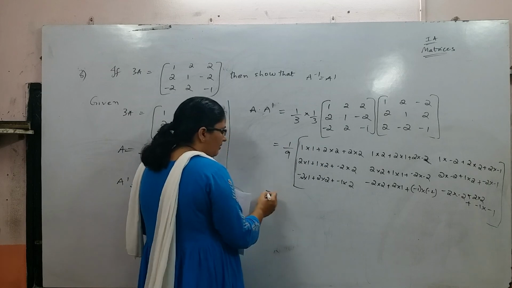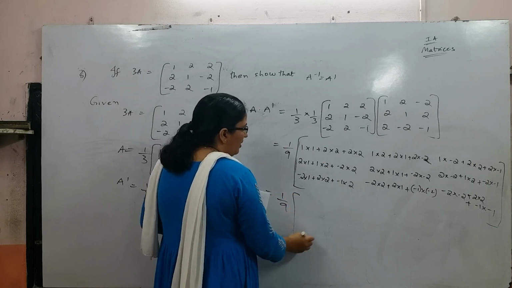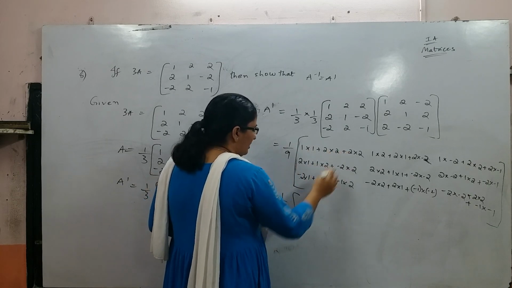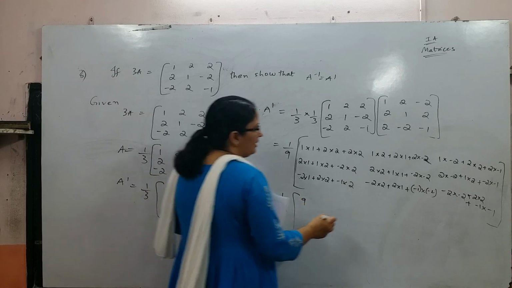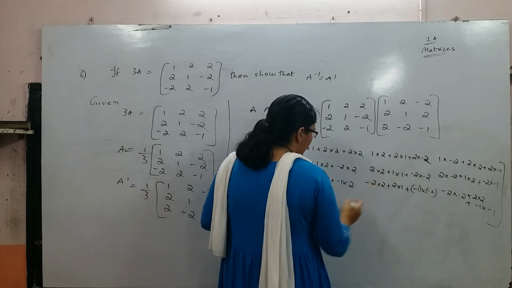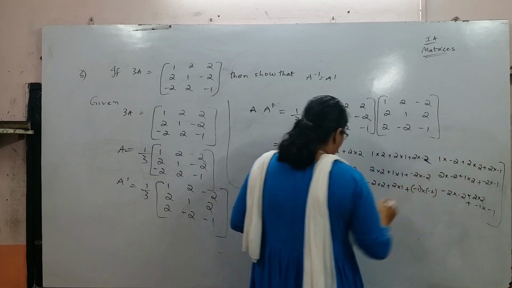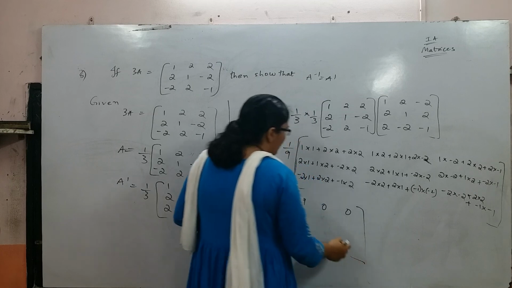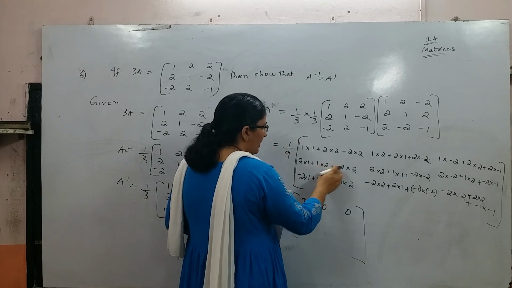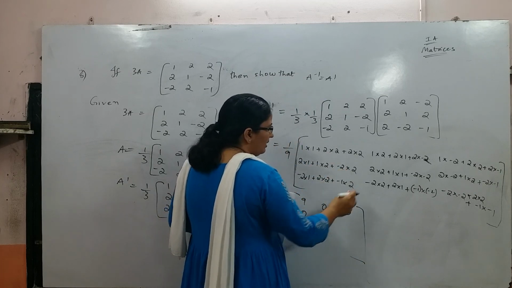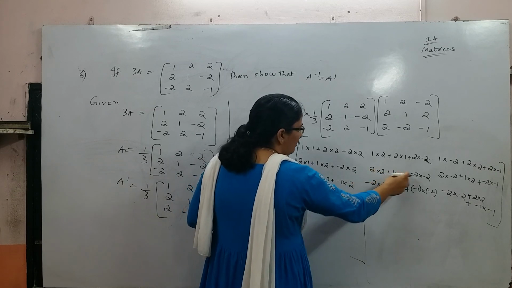Let us check. 1 by 9 into, to add this 1 4 4, that is 9. 2 2 minus 4, 0. Minus 2 plus 4 minus 2, 0. 2 2 minus 4, 0. 2 4 1 4, 9.